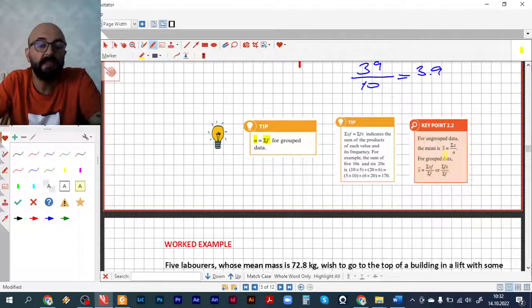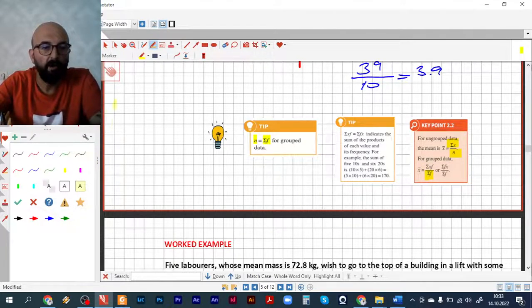If you want to find the mean in ungrouped data, you should find the sum of all x and divide by the number of data. If you have grouped data, you should find the sum of all x multiplied by their frequency, divided by the sum of frequency.